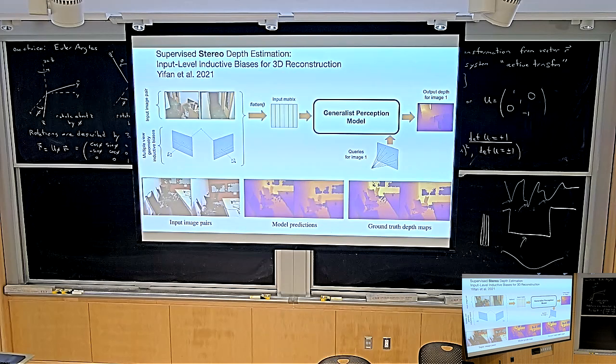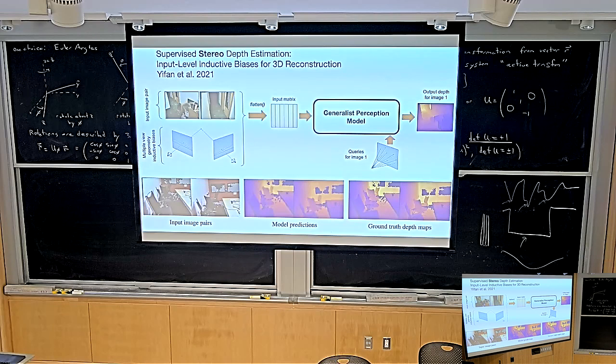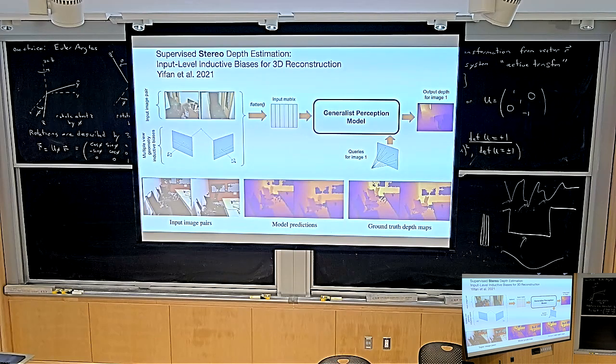And what they're doing in this paper when they say input level inductive biases is they're saying, okay, I'm just going to tell the transformer that when it looks at both of these images, for this point, the points that it should most look at are along the epipolar line in this other image. So I'm just going to tell it, for this point, if you want to compute the depth of this point, these are the points along the epipolar line in the other image. And then the transformer will learn to look at the points along the epipolar line to figure out what the correct depth should be.